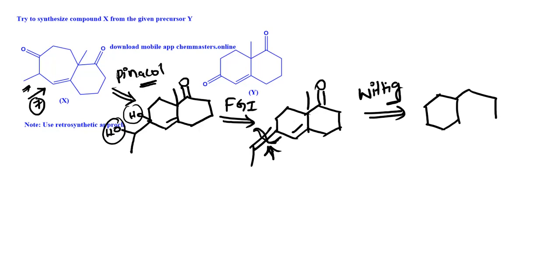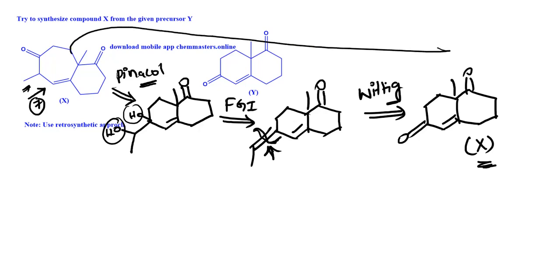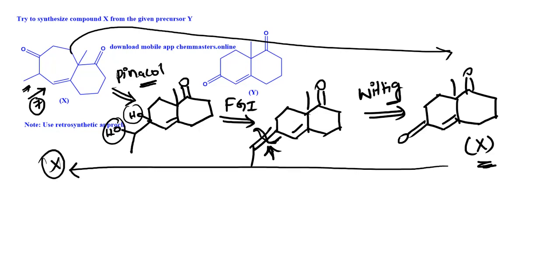Now we have the double bond and O. So this is the starting material, and if you know this retrosynthetic approach, then it is possible to produce X by the reverse steps, from here to here. Here we need to say Y, that is the synthon Y.